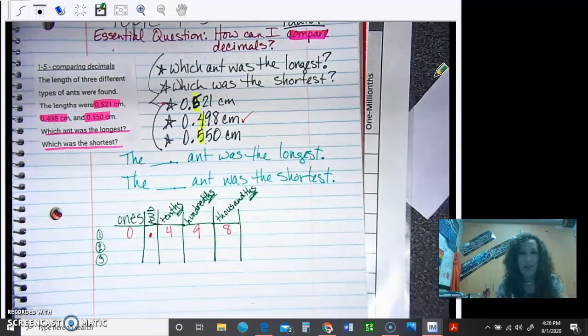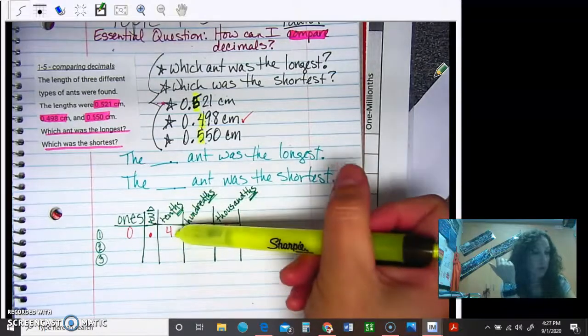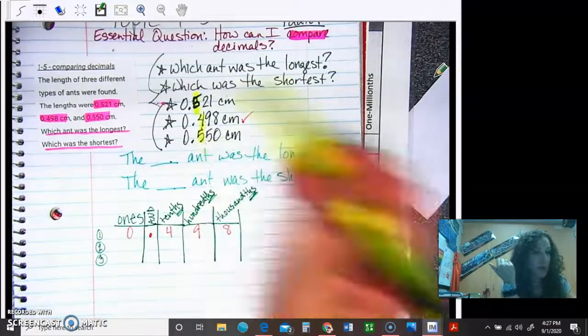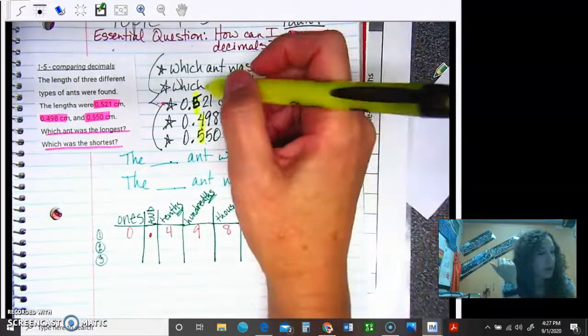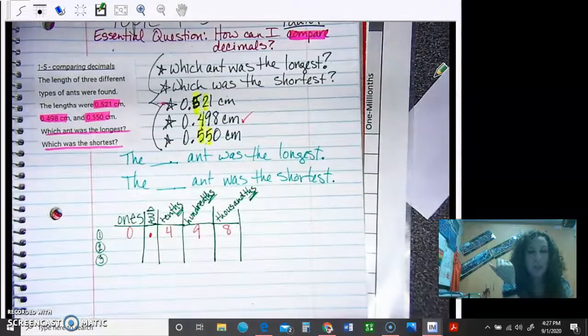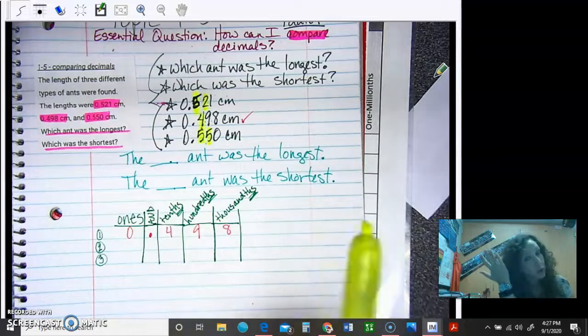Now I have 2 5s. I have to decide which one is smaller, because remember, we're going from the smallest to the greatest. So I already noticed this one has a 5 and this one has a 5. So now I need to look at the second digit in each one. Which number is smaller, a 2 or a 5? The 2 is smaller.